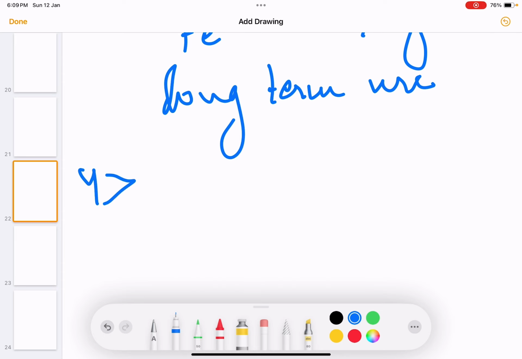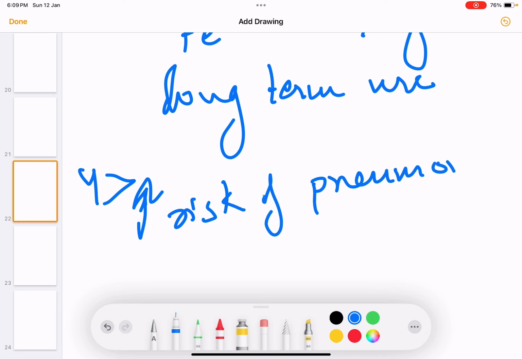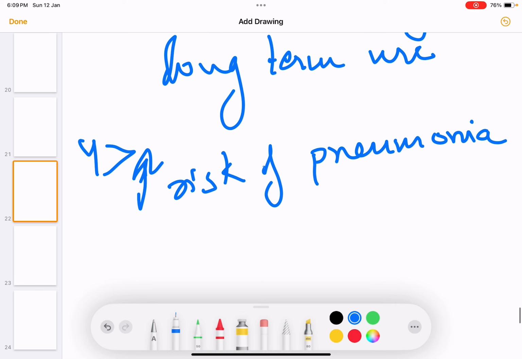Then acid is also responsible for maintaining integrity and maintaining the anti-infective property of mucosa. So the anti-infective property of mucosa is given by the acid, and proton pump inhibitors can lead to increased risk of community acquired pneumonia and hospital acquired pneumonia. So there is increased risk of pneumonia.